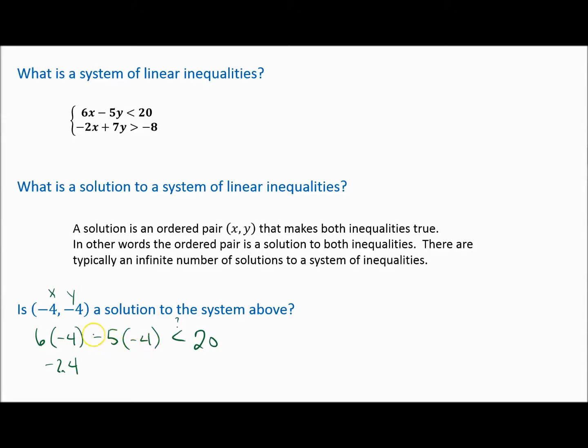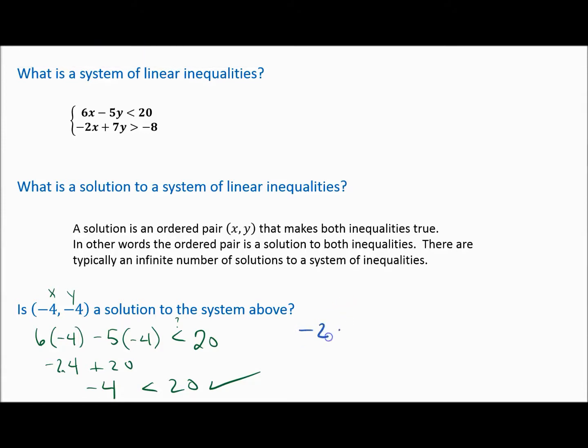You can think about that as subtract 5 times negative 4, and that turns into a plus 20, or negative 5 times negative 4 is plus 20. Now, negative 24 plus 20, remember you subtract when you have opposite signs, so 24 minus 20 is 4, but the heavier one is negative, so negative 4. Is negative 4 less than 20? It sure is. Which means I need to move on and check the second inequality.